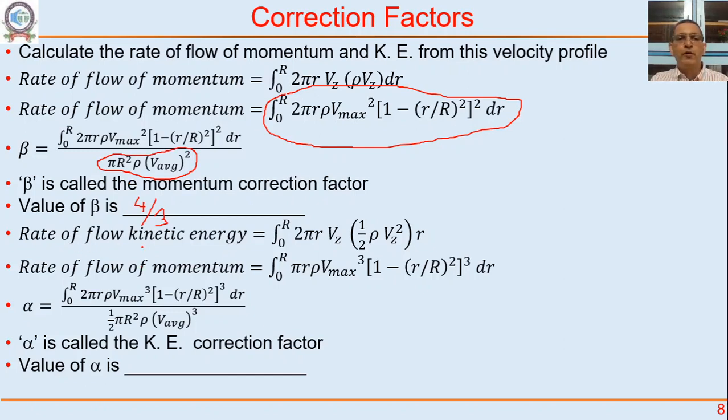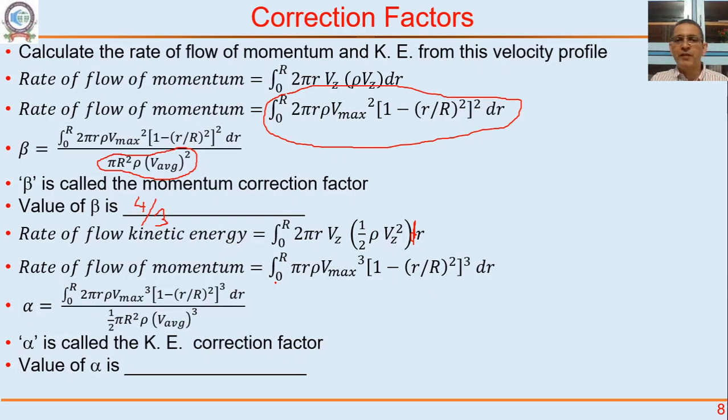Similarly, now rate of flow of kinetic energy, 0 to R, 2 pi r Vz, that's the volumetric flow rate, into dr. Oh, sorry, this should be dr. Make that correction. And half rho Vz square, integrate from 0 to R. And replace for Vz square, that's V max cube, (1 minus r by R) square, the whole thing cubed.